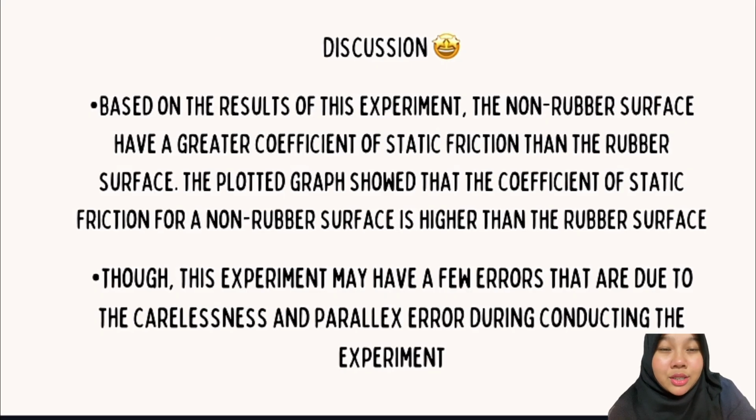Based on the results of this experiment, the non-rubber surface has a greater coefficient of static friction than the rubber surface. The plotted graph showed that the coefficient of static friction of a non-rubber surface is higher than the rubber surface. This experiment may have a few errors due to carelessness and parallax error during the experiment.